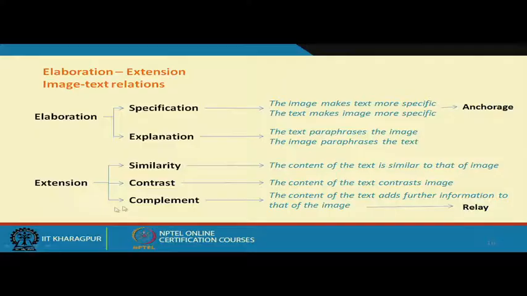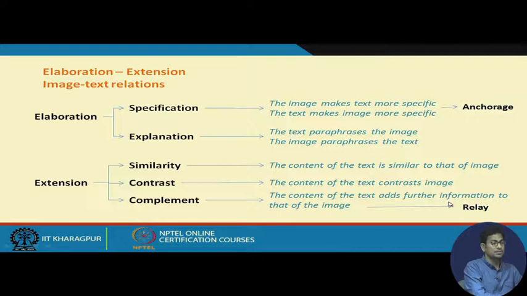In imagery, an anchorage forms when there is a sense of specification between the two, whereas when there is a sense of complement, where one adds more information to the other, the extension possibility, there is a sense of relaying. So, one is relaying another. There is anchorage and there is relaying, based on specification and extension.